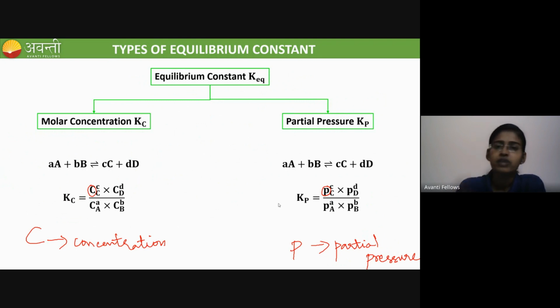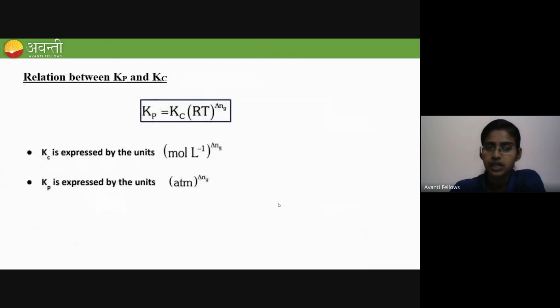Now we will see the relationship between Kp and Kc. There is one very important relation which relates Kp and Kc, and it is given on the screen. Kp is equal to Kc into RT power delta Ng.